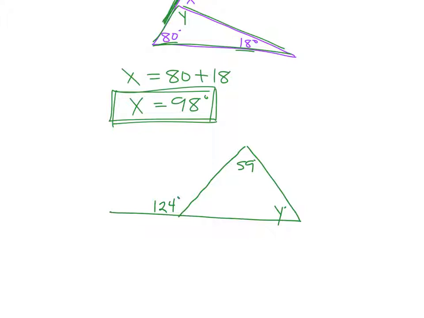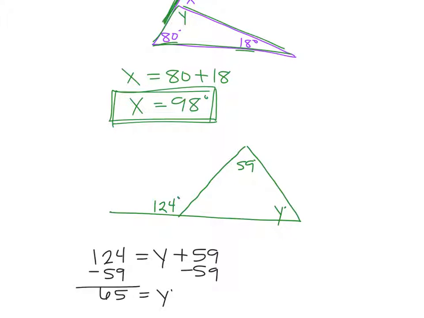This time you're going to subtract because the exterior has to equal the sum of the two remote interiors, right? So 124 has to equal y plus 59. So you're just going to take away that 59, and you're left with 65 for angle y. Okay.